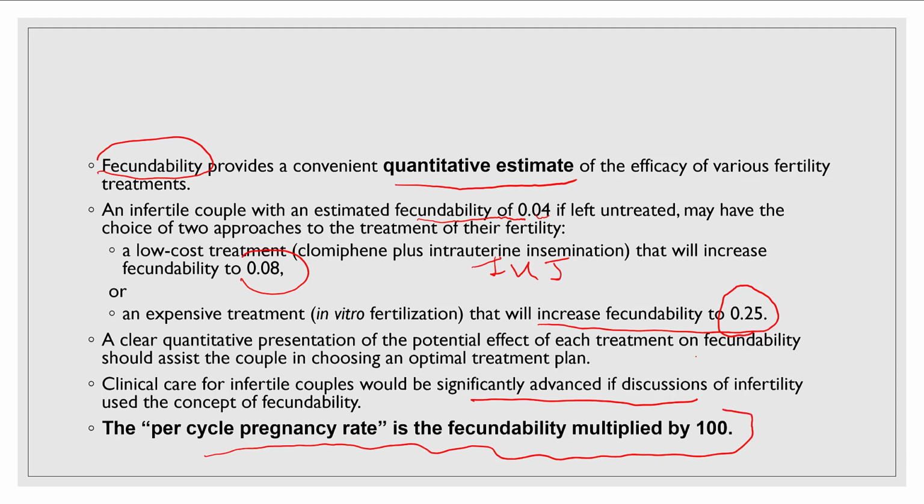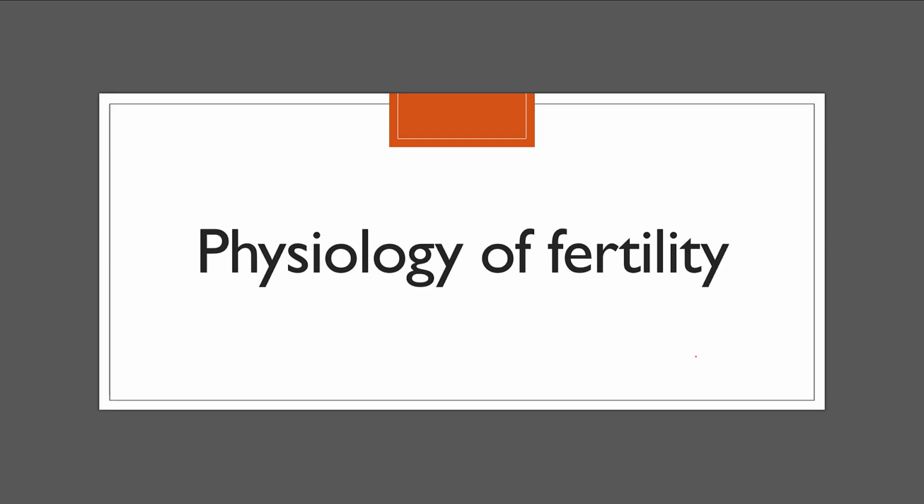So if you attempt one cycle, your chance of pregnancy will be like this with this treatment. So it gives a better confidence to the couple as well. So that is epidemiology and better terminology for description of fertility. Now we will come back to our physiology.